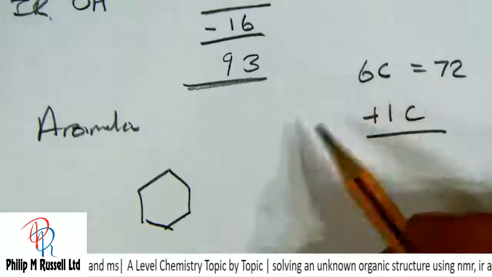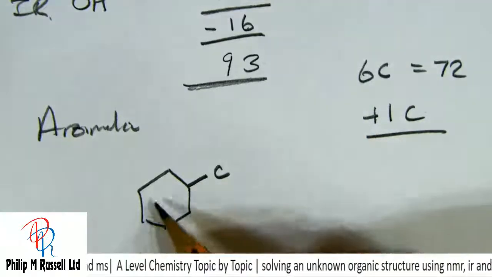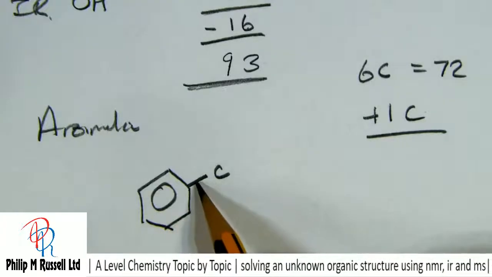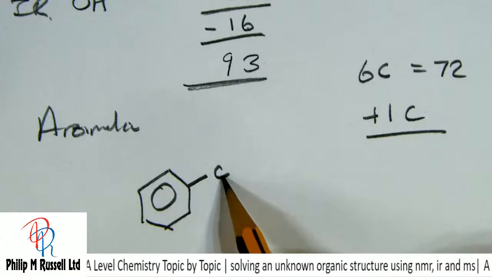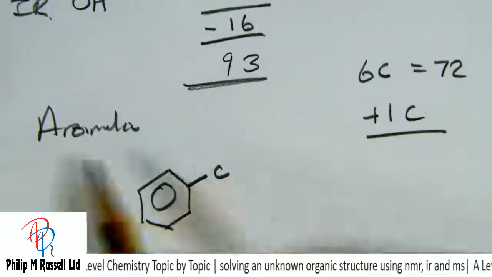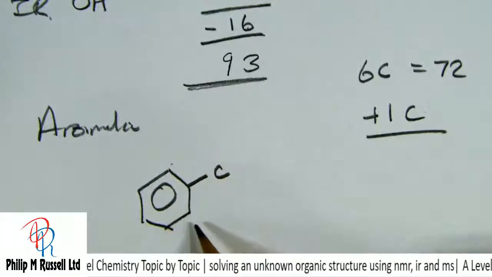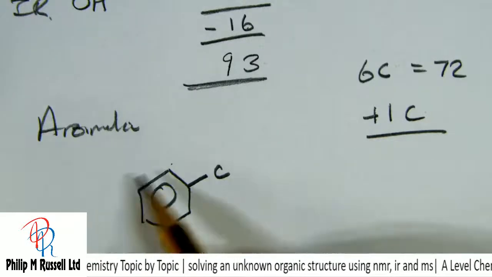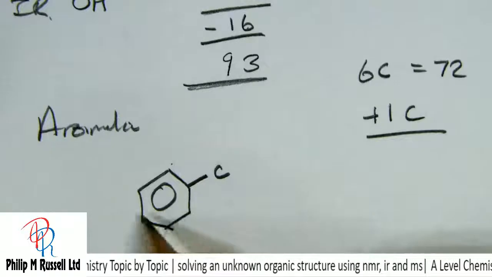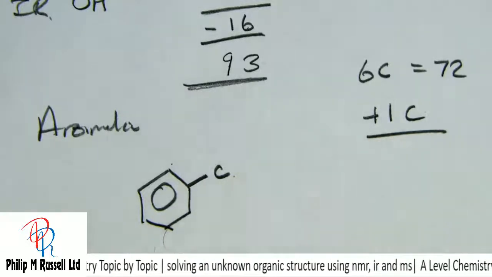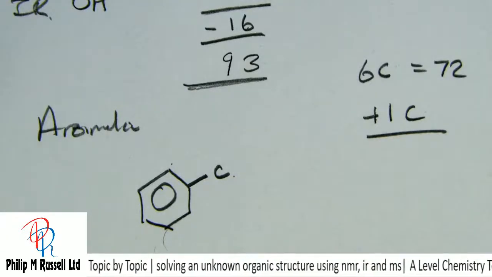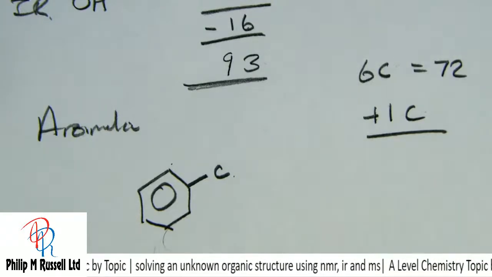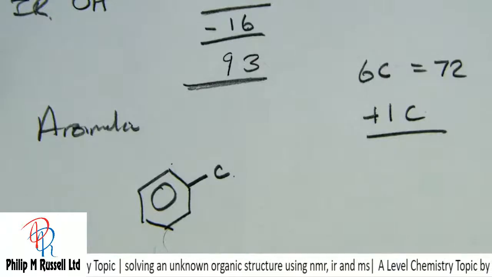So the feeling I've got at the moment is we've got an aromatic carbon chain, then we will have a carbon there, and we've got an OH. Our choices at the moment are to put the OH on the carbon on this arene, or we can put it onto the carbon chain. So there are two options at the moment. Can we work out which one of these it's going to be?